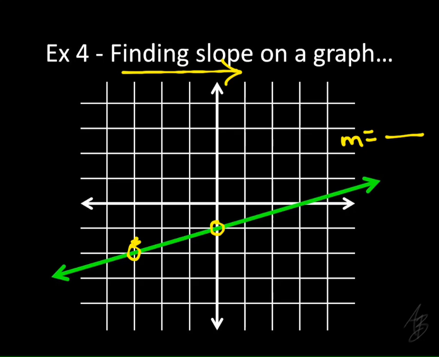Which way? We're going to go up 1 or down 1? We go up 1, so our rise is going to be positive 1. We're going to the right 3 times. So since we go to the right 3 times, our run is going to be positive 3.